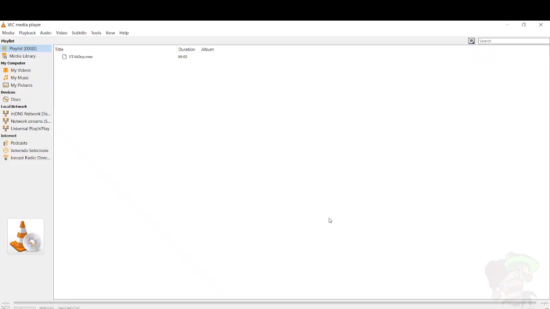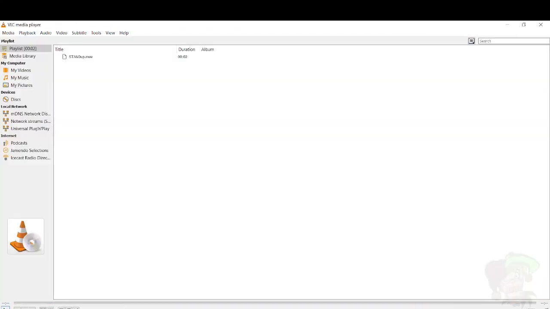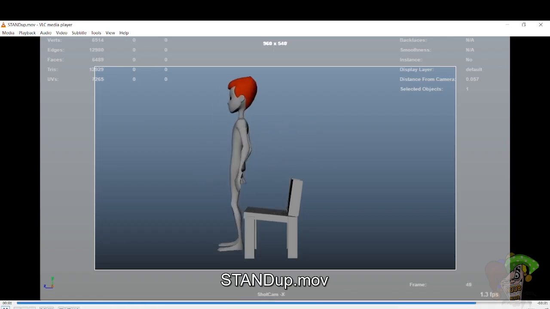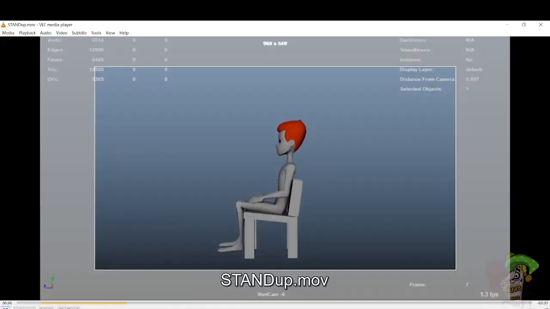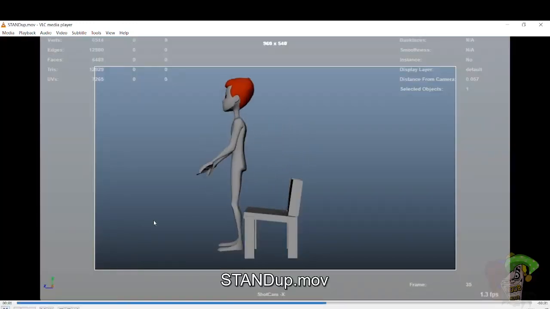So this is an animation that I did in which a character is getting up. If I put the camera somewhere else, we wouldn't know that the character is getting up. But because I wanted to show that the character is getting up from the side view, and I wanted to show the whole movement of the action, which is what we're seeing here. Do you understand?